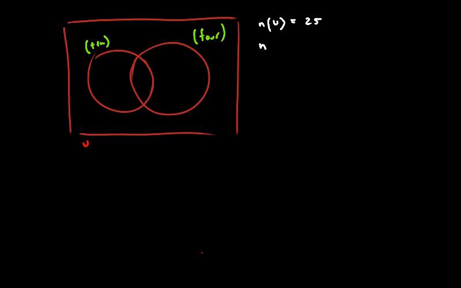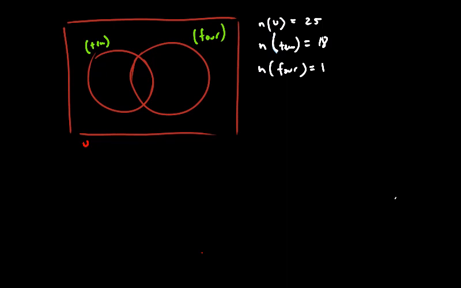The number of elements in set 10 equals 18, because they told us they have 18 members who dive from 10 meters, and the number of elements in the 4-meter group is 17.